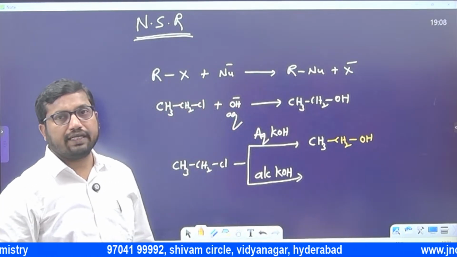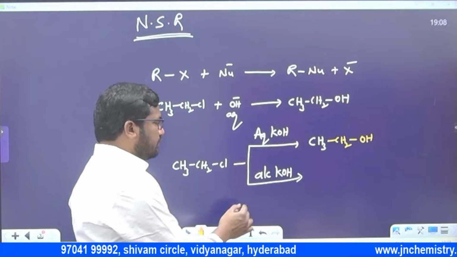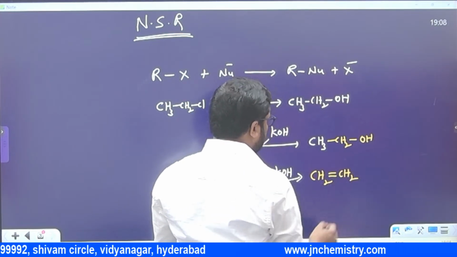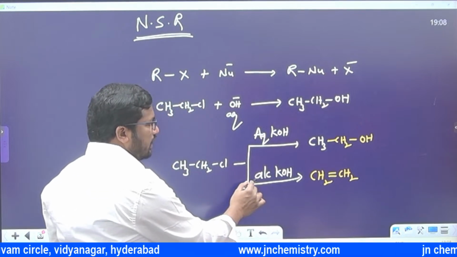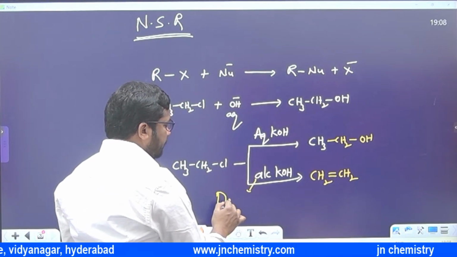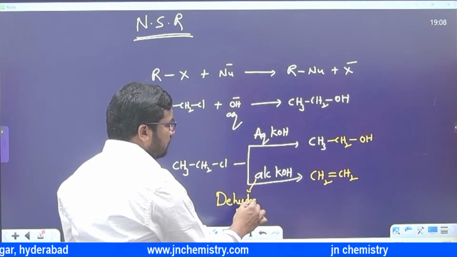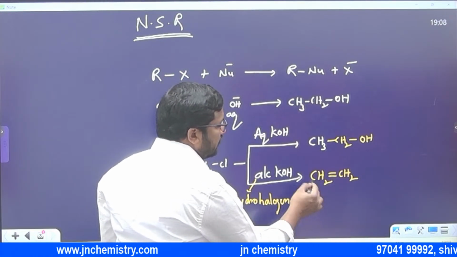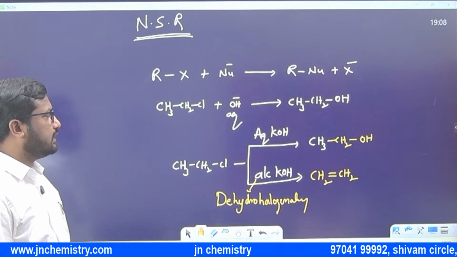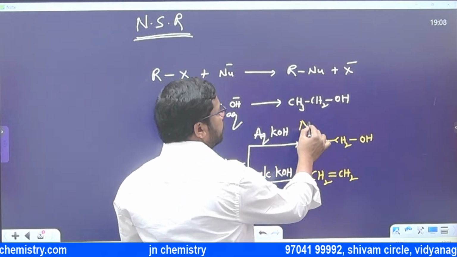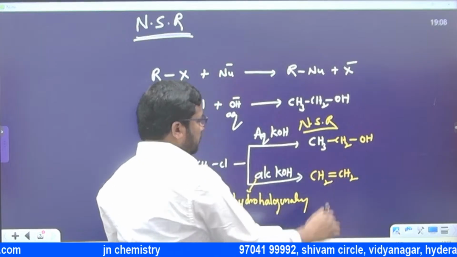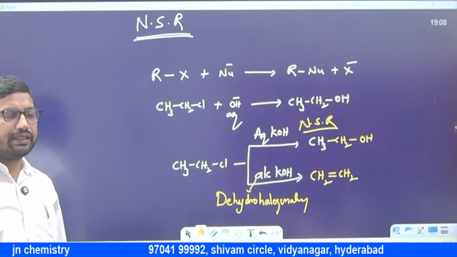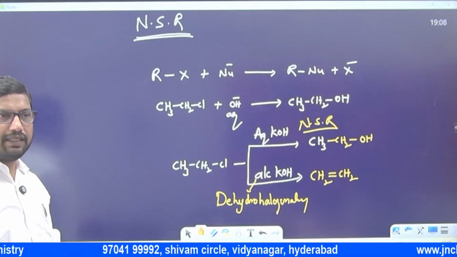Alcoholic KOH is called a dehydrohalogenating agent, giving CH2=CH2, so an elimination reaction takes place. Write it down. In nucleophilic substitution, SN1, SN2, SNi, three types are there. Those I'll explain in the second year.